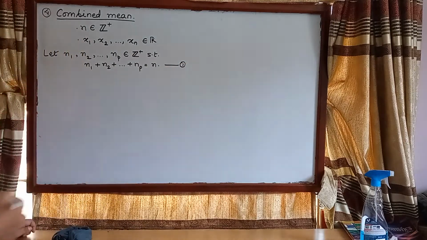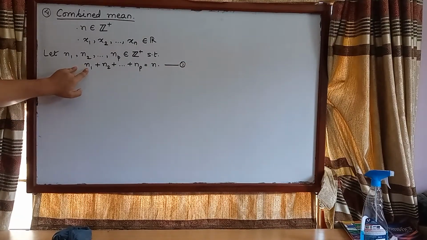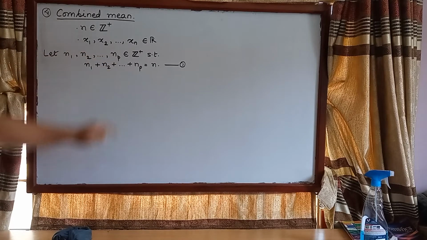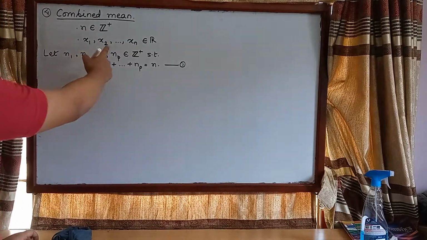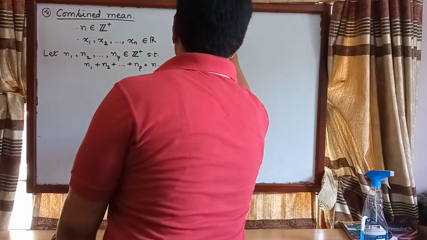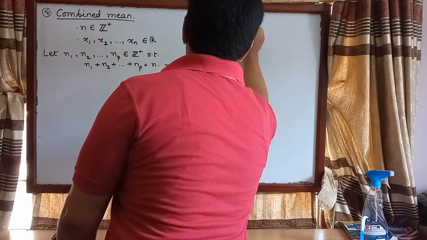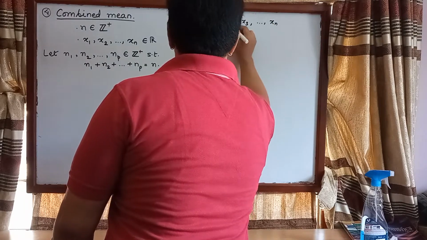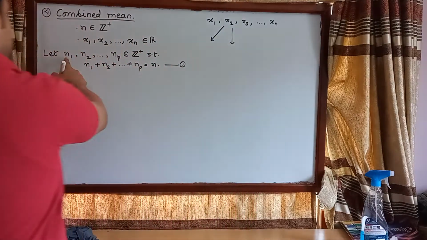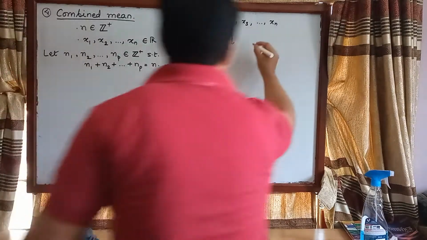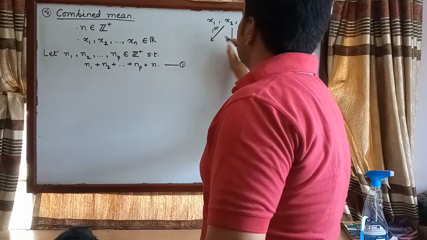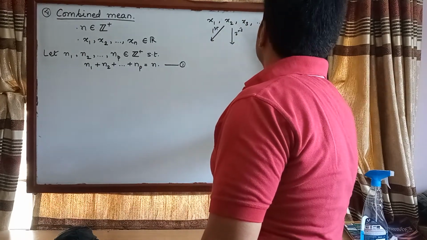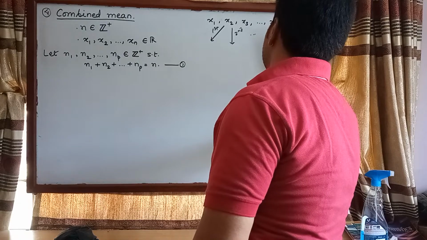Now, it does not need to be the first n1 observations. Let's divide this data set into p different parts: first part, second part, up to the pth part.